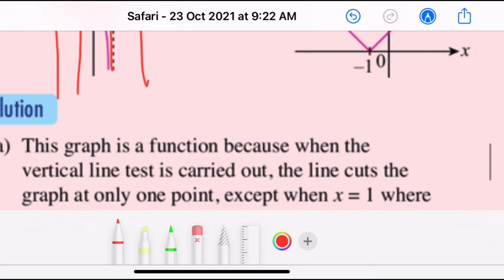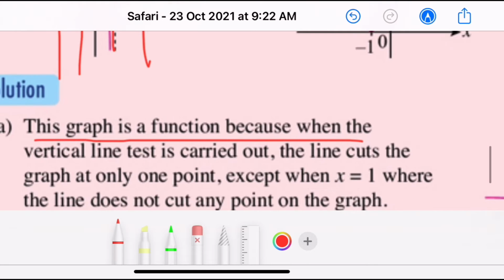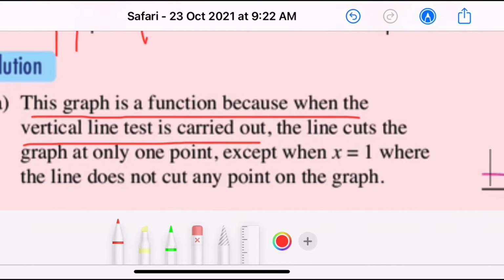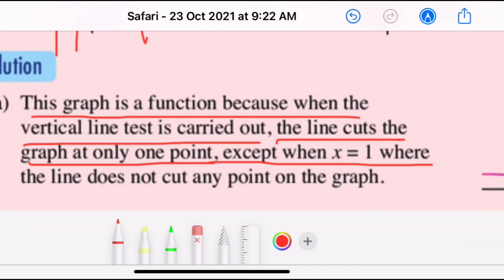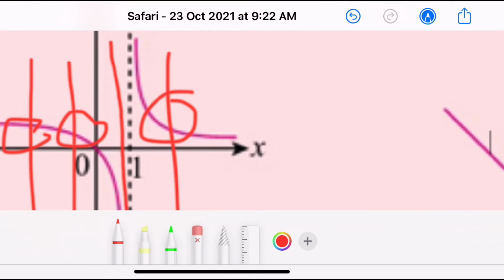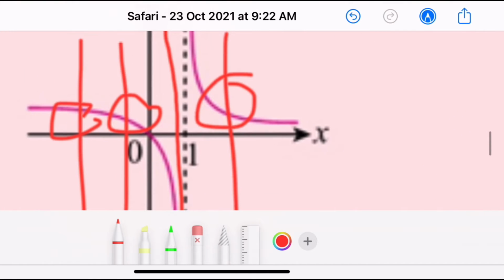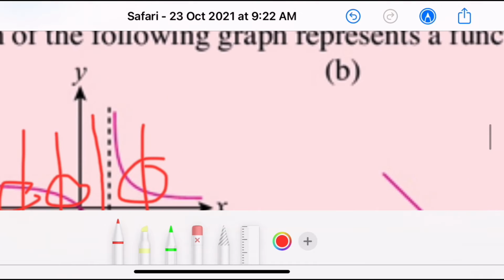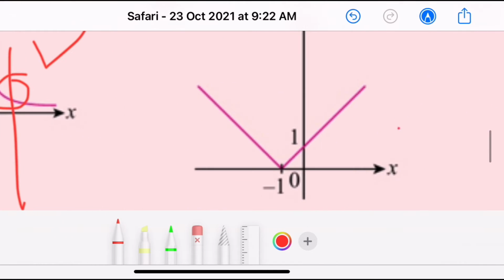Yeah, the graph is a function because when the vertical line test is carried out, the line cuts the graph at only one point, except when x equals 1, it does not cut any point on the graph. It's okay if it does not cut, so long as there is one intersection point. So yes, it is a function.